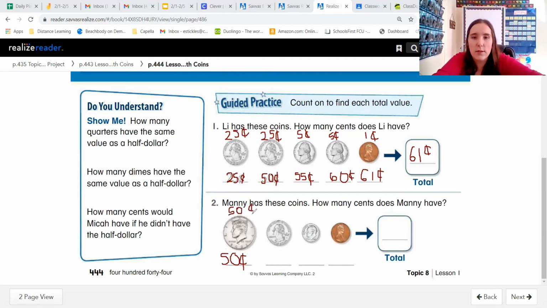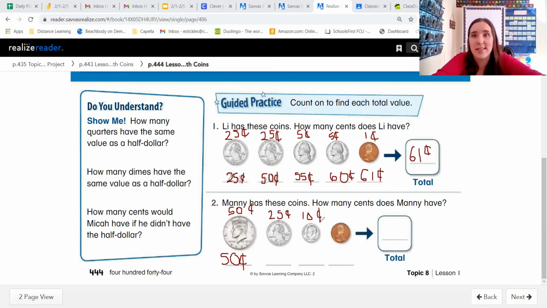So 50 cents. And then what is this? Quarter. And how much is that worth? 25 cents. And then what's this one? What's this little guy? A dime. So that's worth 10 cents. And remember, you want to know the names of the coins and how much each one is worth.